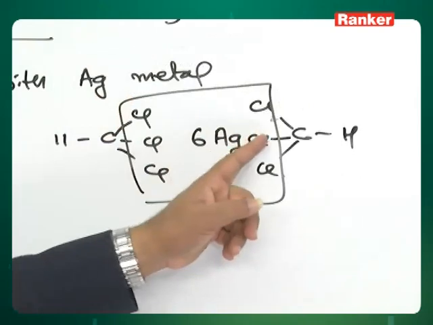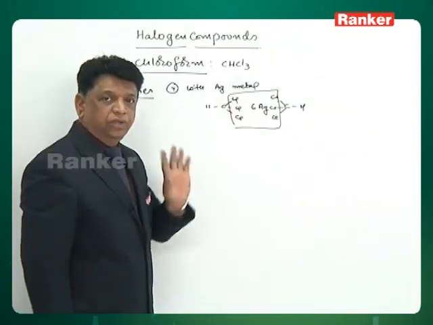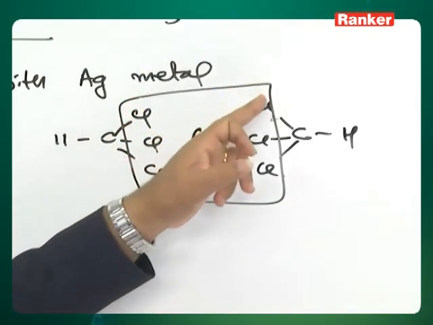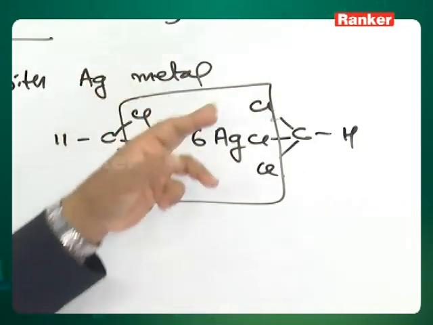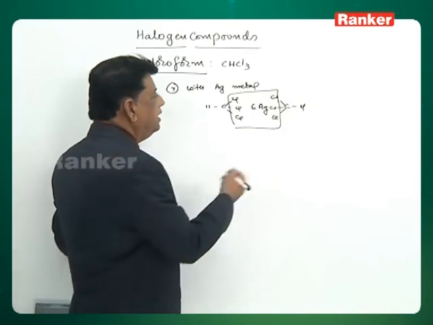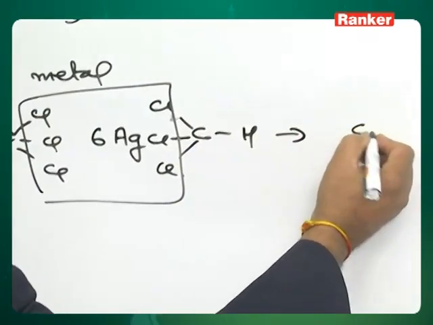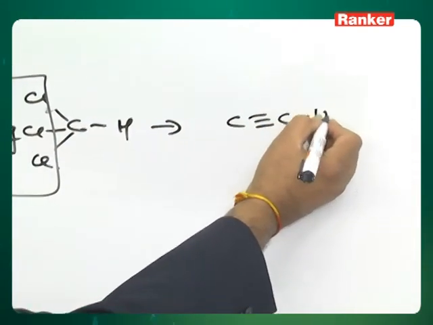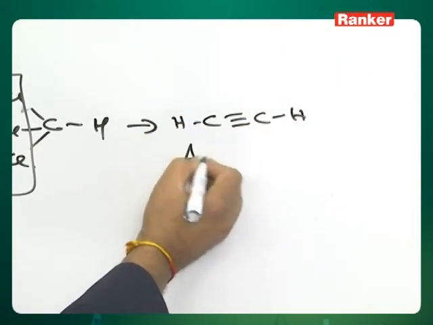If 1,1 halogen is there, R-R is formed, that's the Wurtz coupling reaction. If 2,2 halogens are there, you take zinc, so a double bond is formed. If 3,3 halogens are present, you get a triple bond.